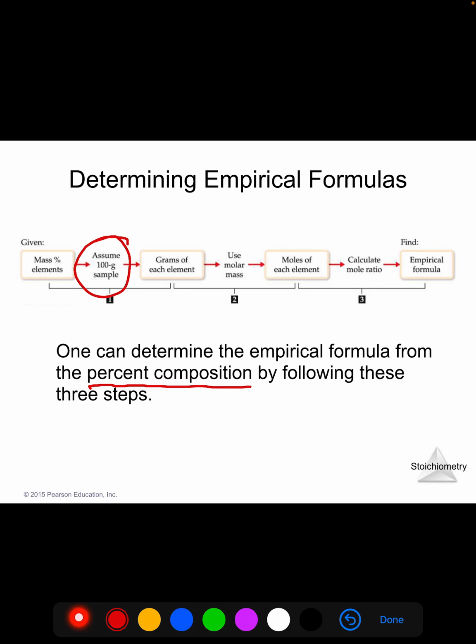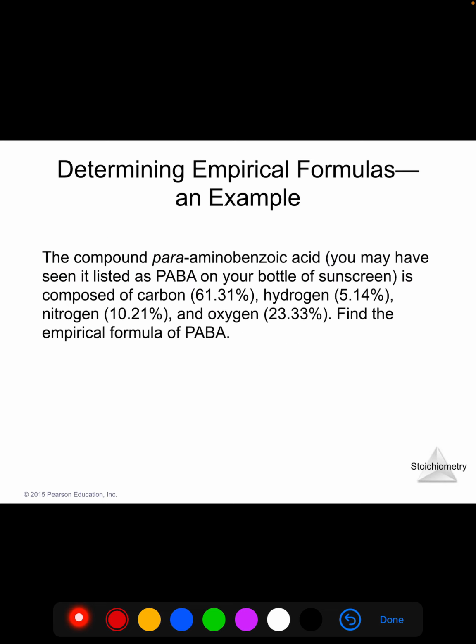And then we know the atomic mass of each element from the periodic table, so we can tell the number of moles of each element we have. Then we look to see what ratios they exist in, and it will at least give us an empirical formula. Okay? I'll run through a quick example, and then we'll do a quick problem on this. I'll show you this again in some detail in a homework video.